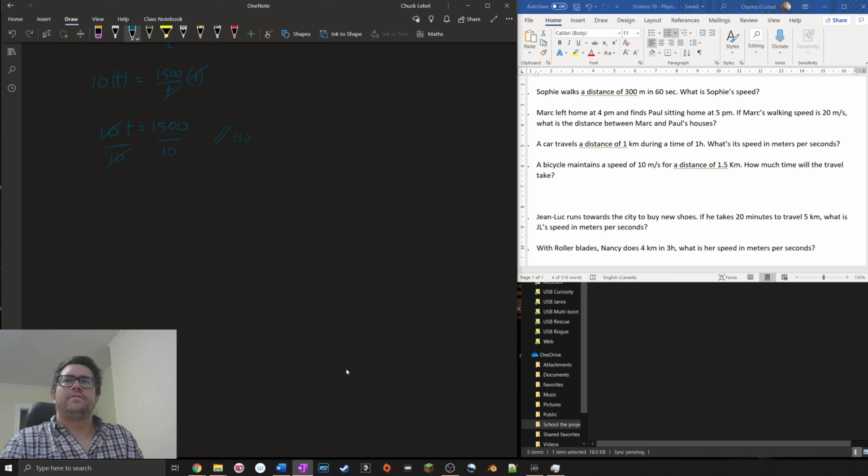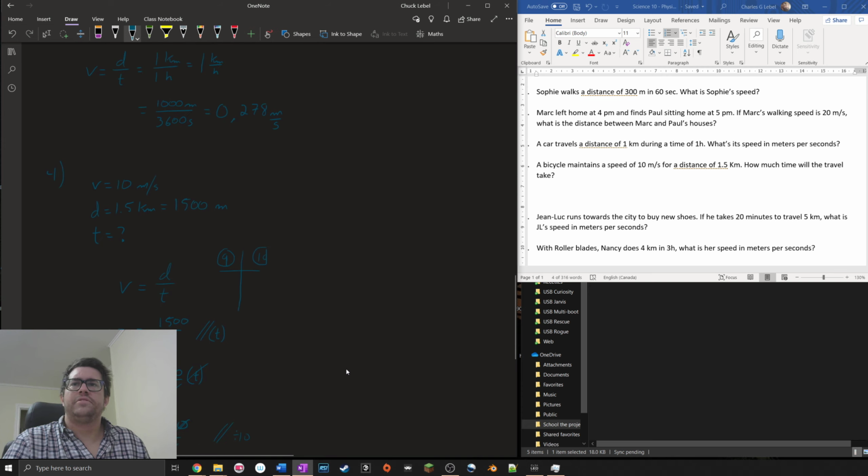And on this side, a 0 crosses out another 0. So t equals 150. You can see how 150 is 1/10 of 1500. We had 10t worth 1500. Now 1t is worth 150. And because our units were good, meters and seconds only, we know the answer is in seconds.